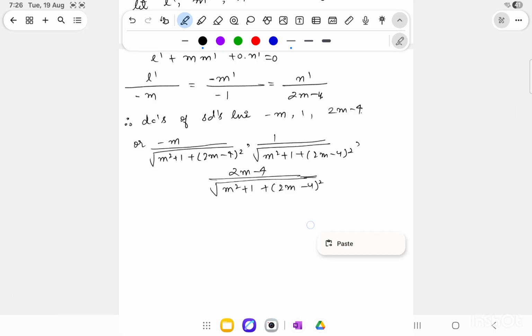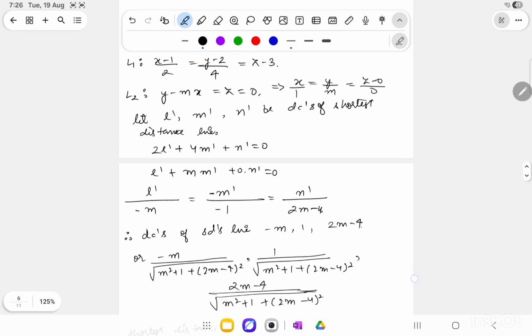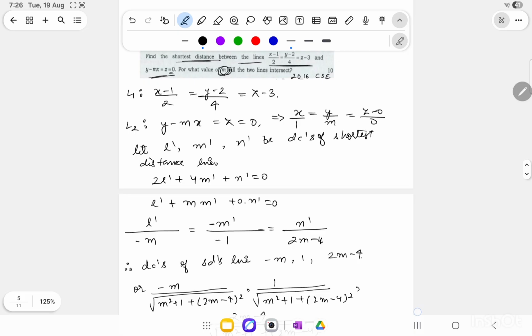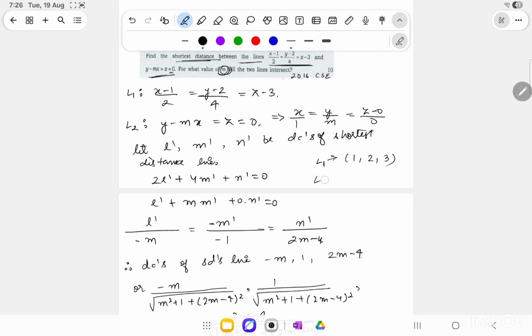So we are supposed to find the shortest distance. Basically we have two arbitrary points on lines L1 and L2. My line L1 is passing through 1, 2, 3 and L2 is passing through 0, 0, 0.